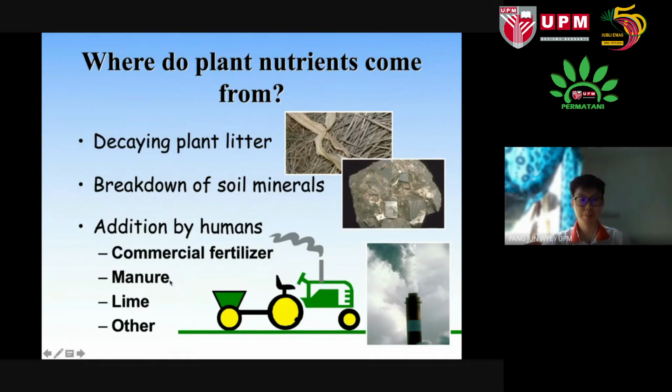Manure is what the animals produce when they eat. Lime is a mineral as well, and others.